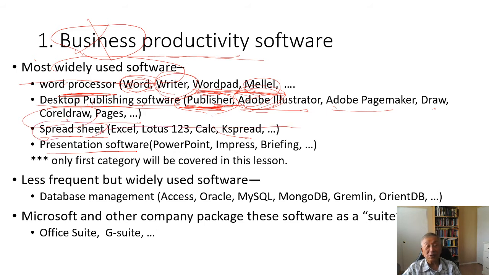The spreadsheet. The first version of the spreadsheet was called VisiCalc, meaning visual calculator. It was replacing the handheld calculator, but instead it put the numbers into a matrix form. You spread it out.